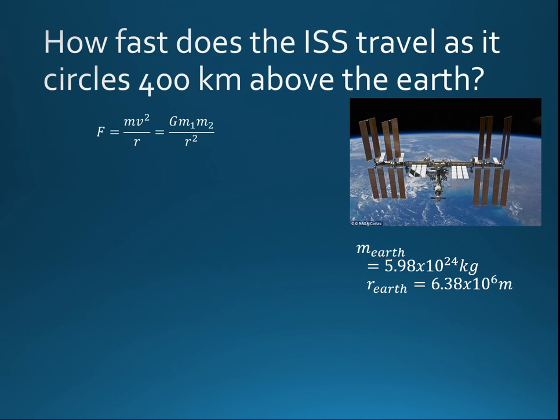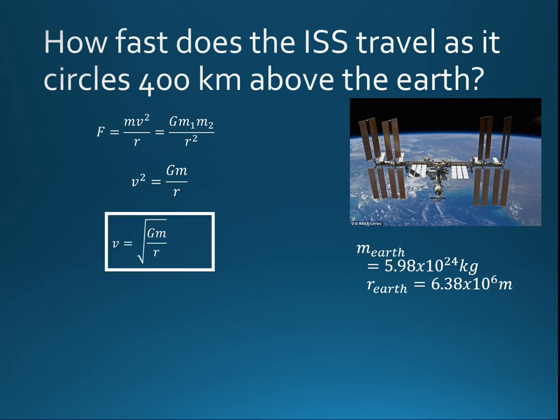Question: how fast does the ISS, International Space Station, travel as it circles 400 kilometers above the Earth? We can go back to this equation that mv squared over r will have to be equal to GM1M2 over r squared. We have the mass of the Earth listed as well as the radius of the Earth. We can reduce our equation again to v squared equals GM over r by reducing both sides by m and r.